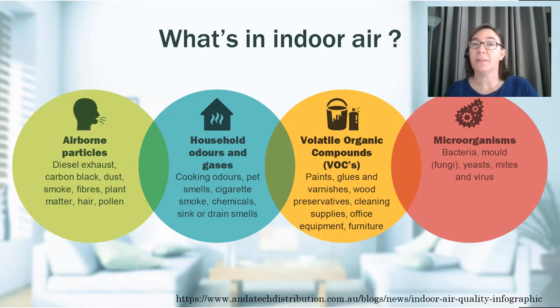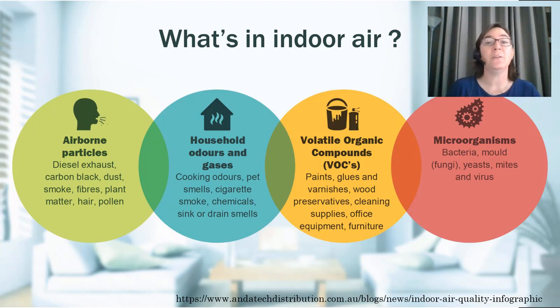Household odors and gases are a second major cause of pollution, including cooking odors, pet smells, cigarette smoke, etc. The next one is one that you as a designer can have a large impact on, and that's VOCs or volatile organic compounds.